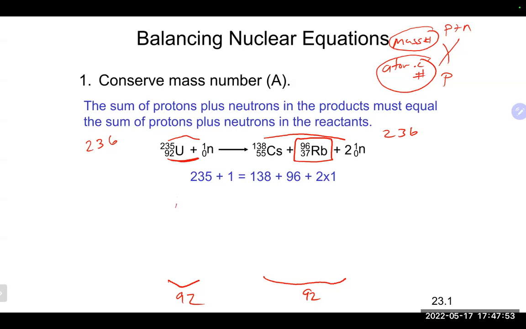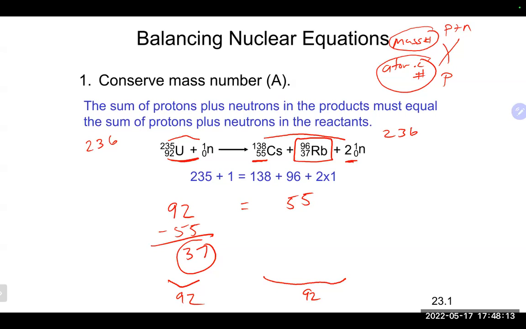On the left-hand side, we have 92. If we add up everybody but the boxed guy, that's 55 and 0, which gives us 55. So if we subtract those two numbers, that is going to give us a 37, which is the missing atomic number.